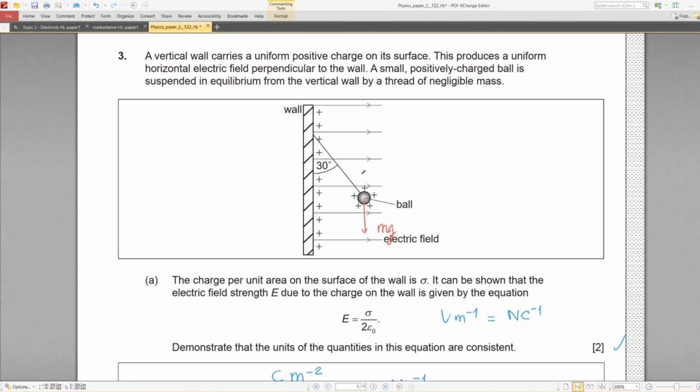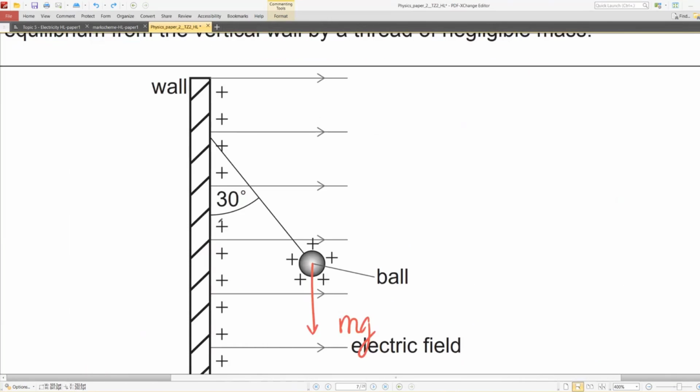The second force is the tension in the string. You should draw the tension so that its vertical component is exactly equal to the weight, so that it cancels the weight and the ball doesn't move up or down.